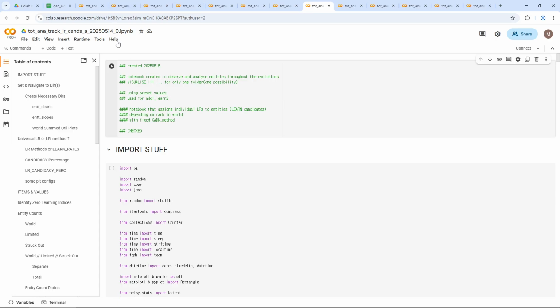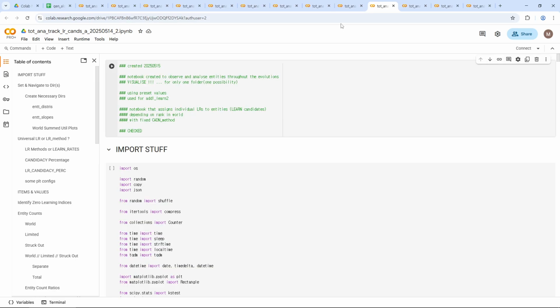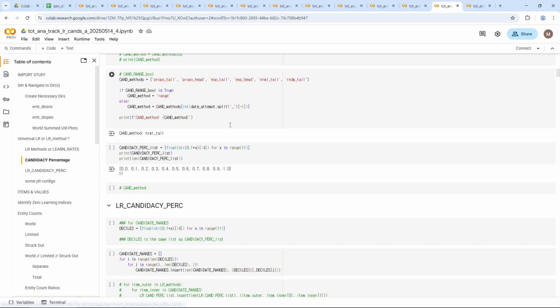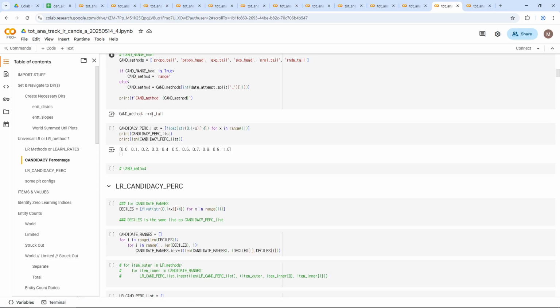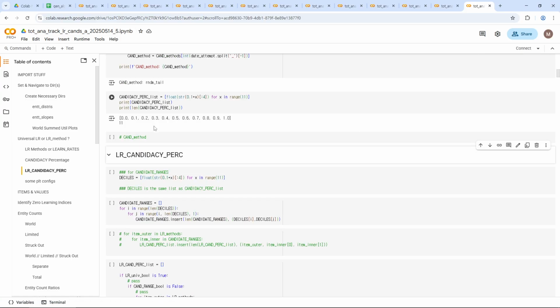But the _0 means that it's going to be using the proportional tail candidate method. _1 means it's going to be using the proportional head. _2 means it's going to be using the exponential tail. _3 exponential head. _4 I think is going to be using the normal method, normal distribution. _5 is going to be using the random method.